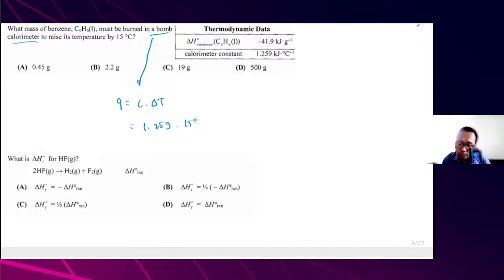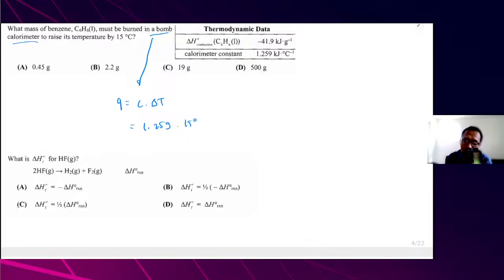Okay, so how to solve this problem? I'll repeat it again. This is a calorimetry and stoichiometry question. The idea is the heat released by burning benzene will be absorbed by the calorimeter, raising its temperature.